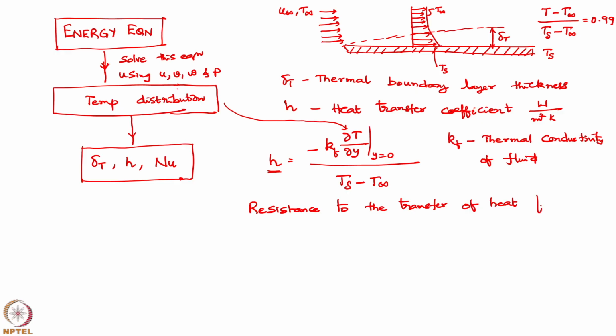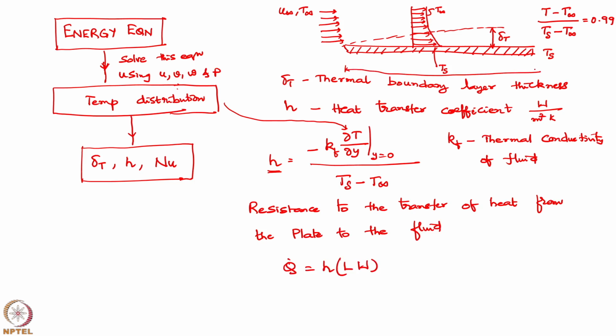from the plate to the fluid, or simply the heat transfer rate, plate to the fluid, that is Q dot is equal to h into surface area, that is length into width of the plate. My length of the plate is this L. So, width of the plate perpendicular to this board, into Ts minus T infinity. It is this engineering necessity to find what is the heat transfer which is possible.